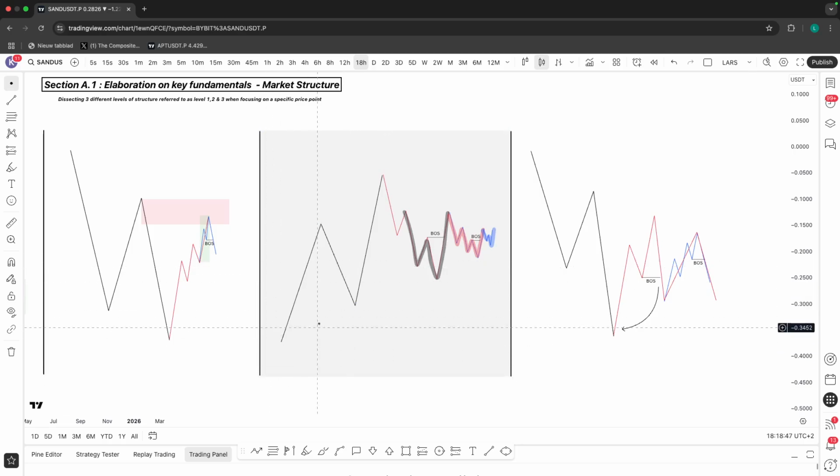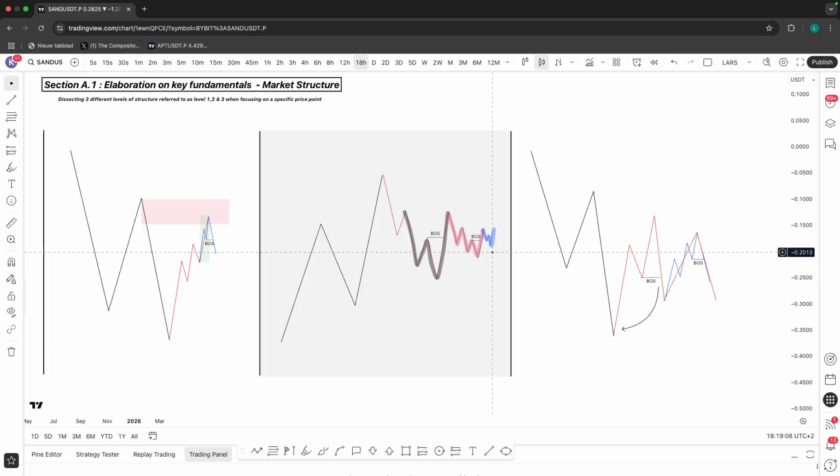So because I'm focusing on this as my level 1, this automatically becomes my level 2, and that becomes my level 3. But if I'm focused in this region right here, then that becomes my level 1, this becomes my level 2, and if I see refined structure right there, that becomes my level 3.